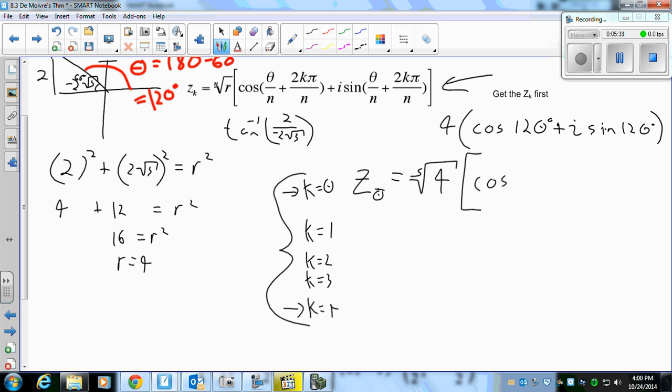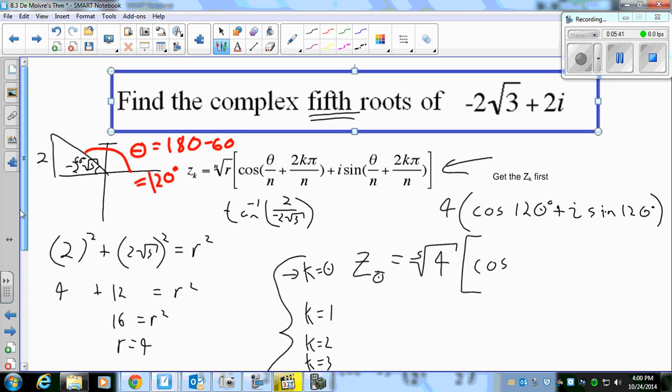For the first one, we let k equal 0, and we do the fifth root of 4 times cosine of theta, 120 divided by the number of roots, so divided by 5. The second part goes to 0 because k is 0. Then I have plus i sine of 120 over 5.